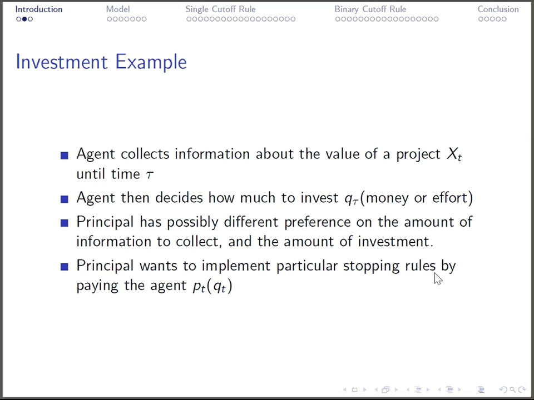It might be money or effort, and then the problem is the principal wants to implement a particular stopping rule by paying the agent some p_t as a function of q_t. The reason why he wants to do that is the principal may possibly have different preferences on the amount of information to collect or the amount of investment.